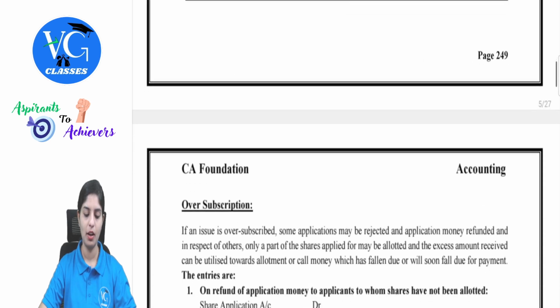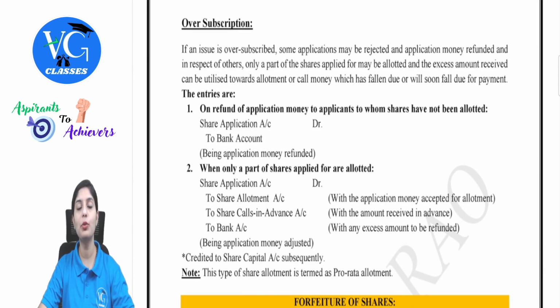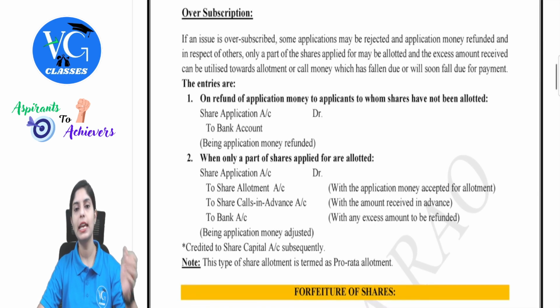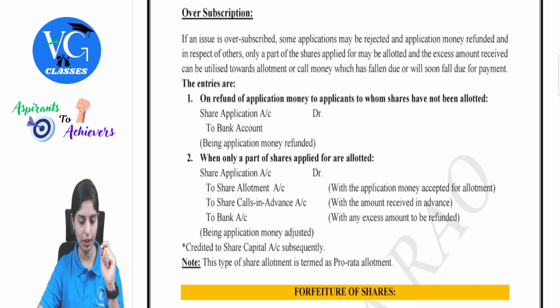Next, the case of oversubscription, a very important concept from the exam point of view, where you understand pro rata. See, if an issue is oversubscribed, while I was discussing oversubscription, I had already mentioned that there could be two situations. Either the company can outrightly reject, or second, they will consider pro rata allotment.